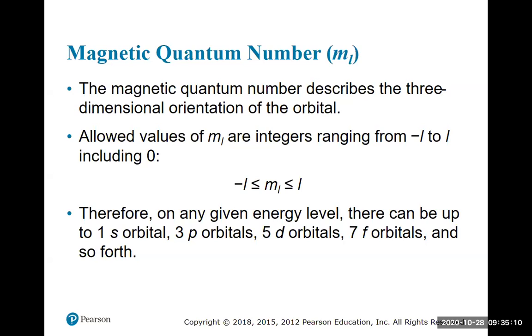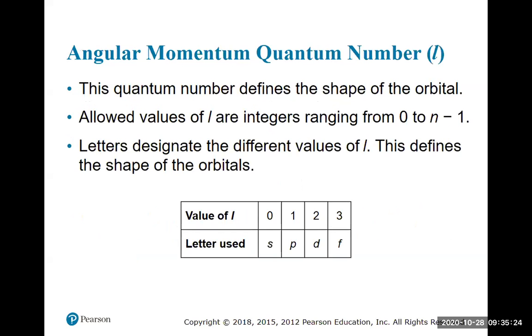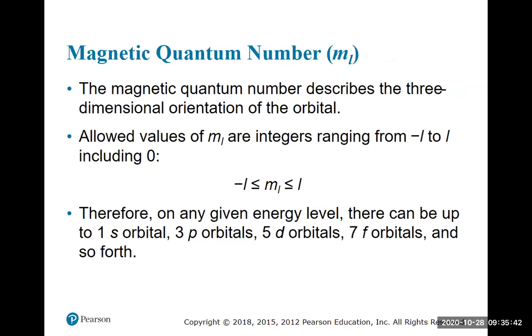And so the allowed values for m sub l, that magnetic quantum number, are minus l to positive l, including 0. So we go back here and we say the l values were based on the principal quantum number, n, where n minus 1 tells us which of these. So for instance, if our l value was 2, then this would be minus 2, minus 1, 0, 1, 2 for the m sub l.